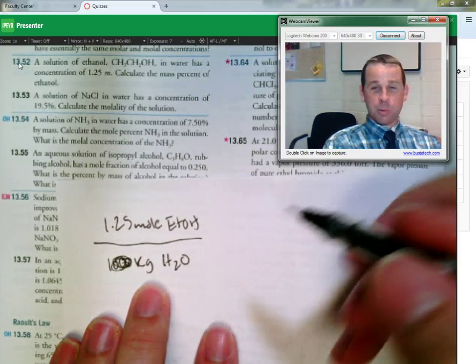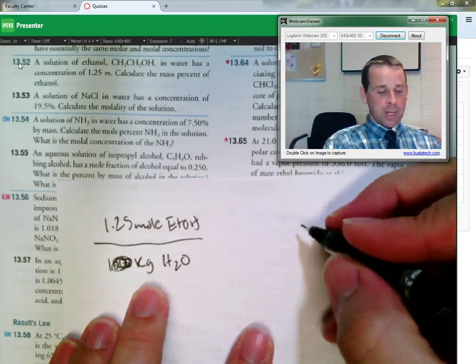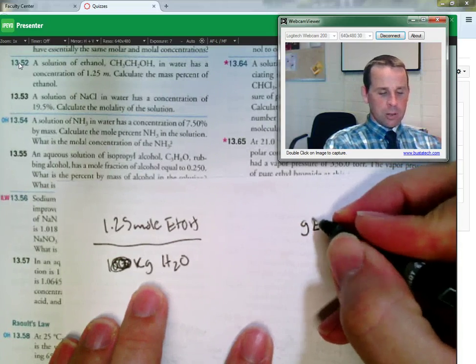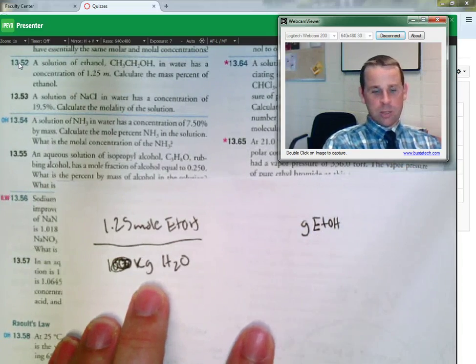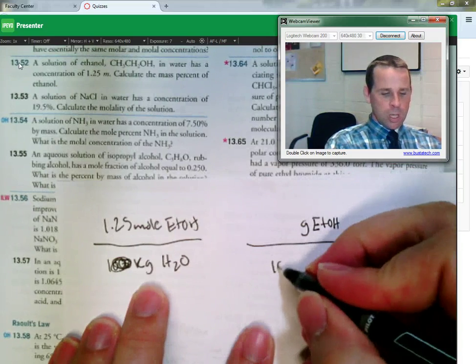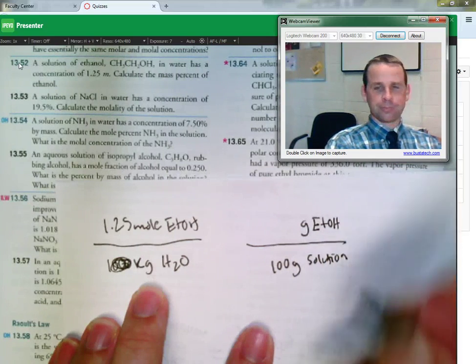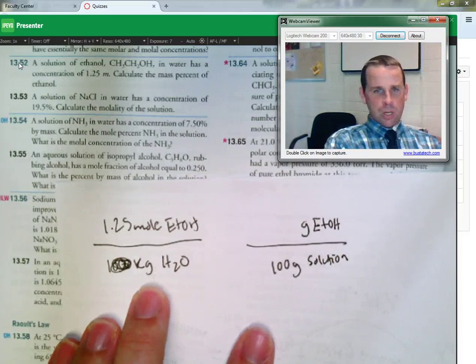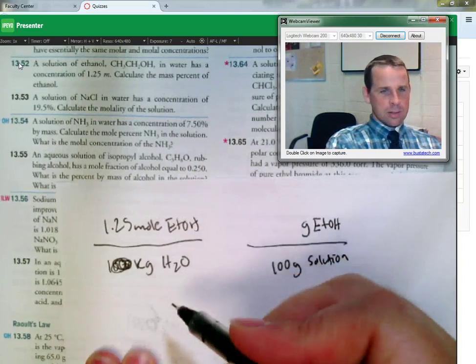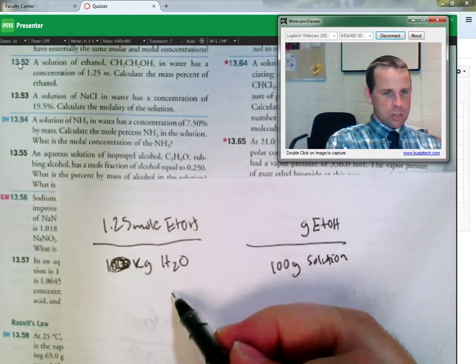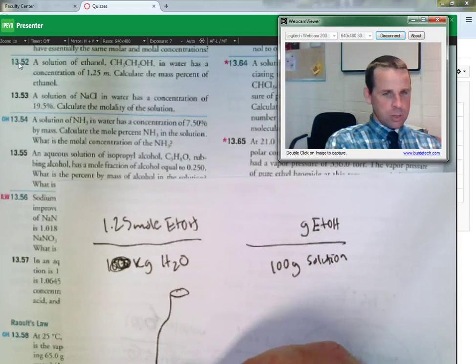And now we want mass percent. Now what does mass percent mean again? It's grams of ethanol, or grams of solute, which is ethanol in this case, for every 100 grams of solution. All right, and sometimes it helps again to draw ourselves a little bottle to think about what's going on here.